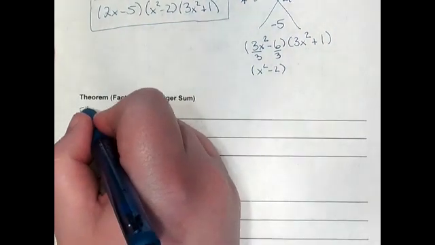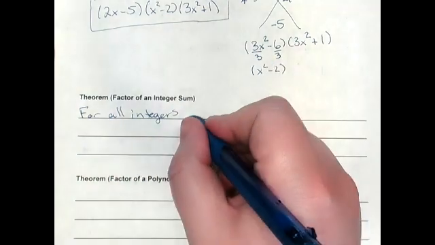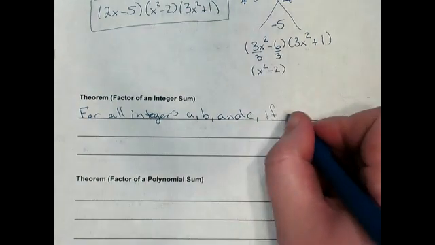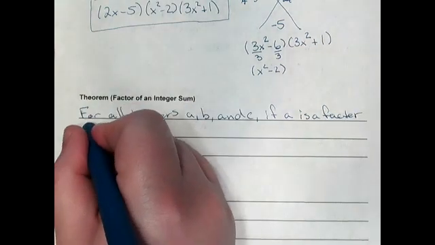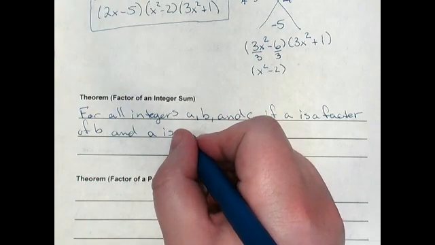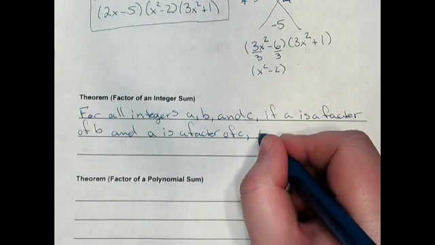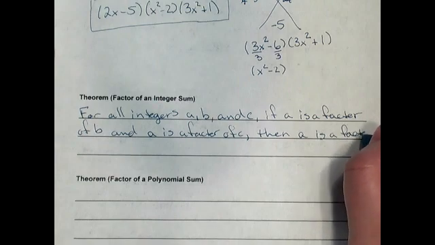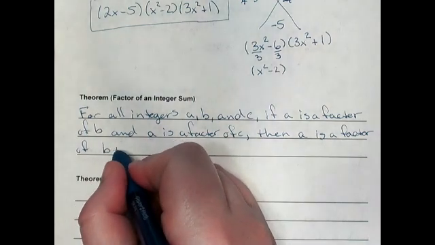That states for all integers a, b, and c, if a is a factor of b and a is a factor of c, then a is a factor of b plus c.